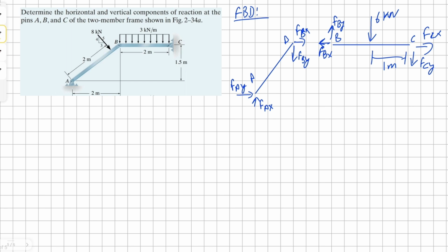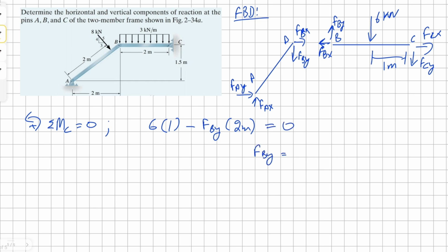Now let's take a moment about point C. I'm going to assume counterclockwise as our positive for every moment equation we're going to do from here onwards. Using this, the first load is 6 kilonewtons, and it's positive, and it's 1 meter away from point C. Then our force FPY is in the opposite direction of our assumed positive moment, so it's going to be negative, and it's 2 meters away, equals 0.